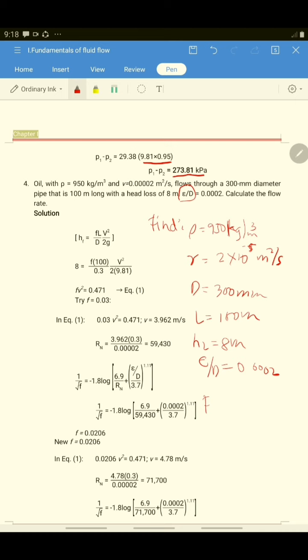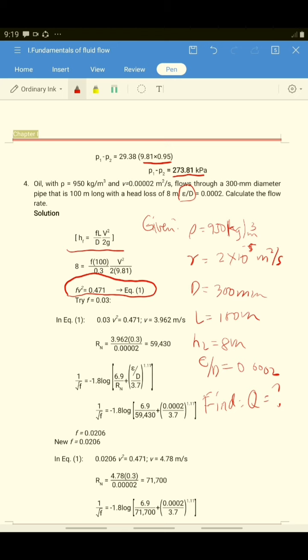These are the givens. You are going to find Q. Since the relative roughness is given, and the length, the diameter, the viscosity, and the density, from this equation, for your solution, your equation will be in terms of fV squared is equal to 0.471.